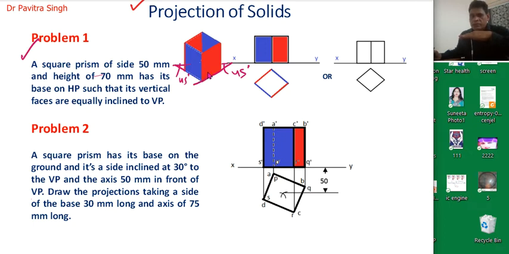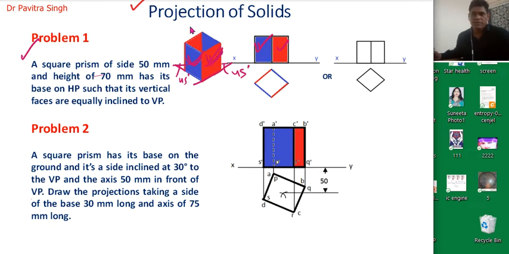So when we see this from the front, we can see this surface and this surface only. So this is actually projected on the xy line. This surface is this one, and this surface is this one. So we can see this rectangular shape and this rectangular shape here in the front view.